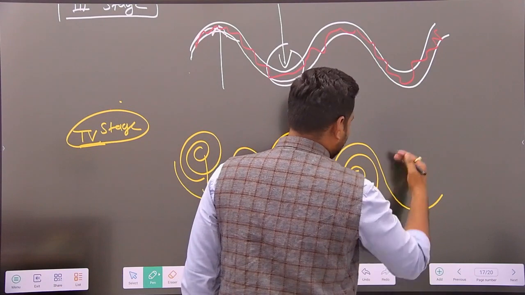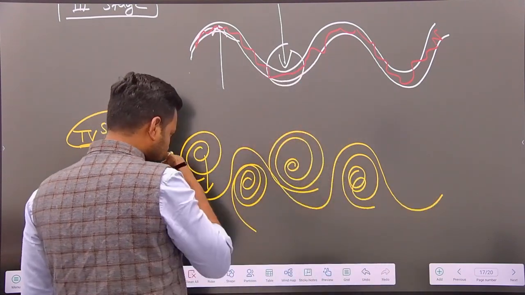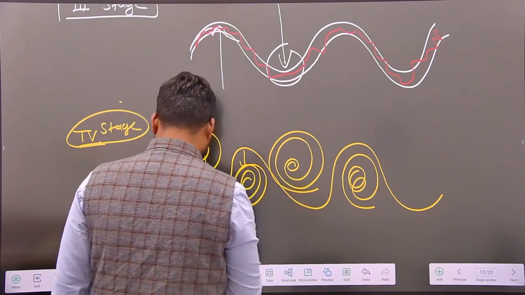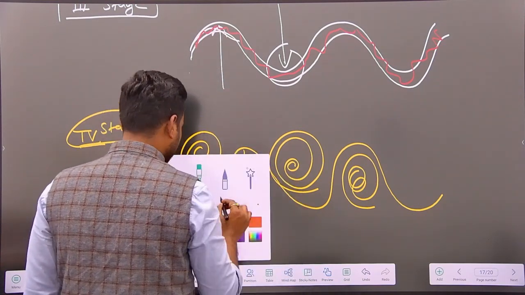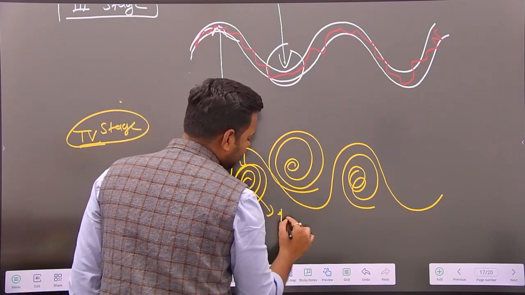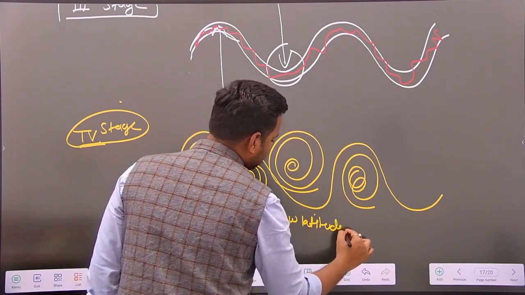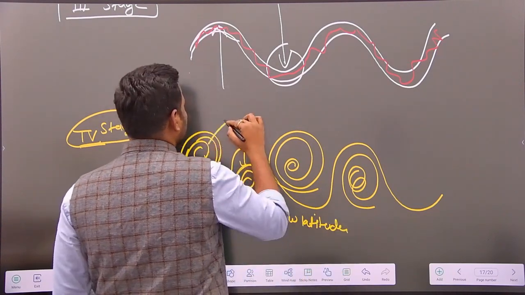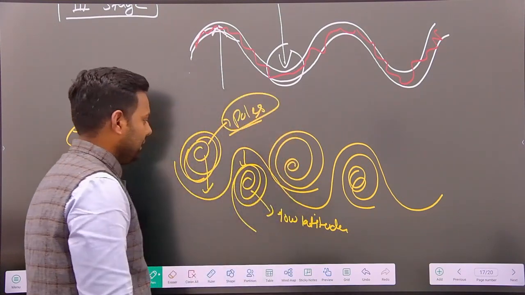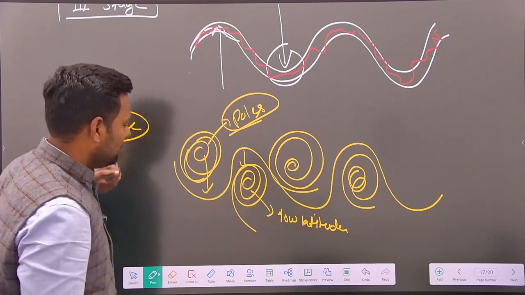Because the warmer air is approaching towards the poles and the cooler air is approaching towards the low latitudes. And this story has reached the condition of ending, because there are four stages.